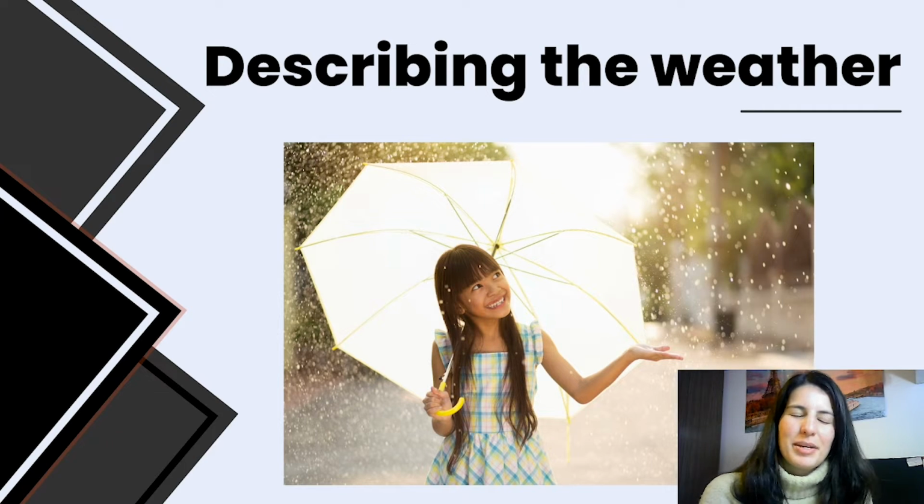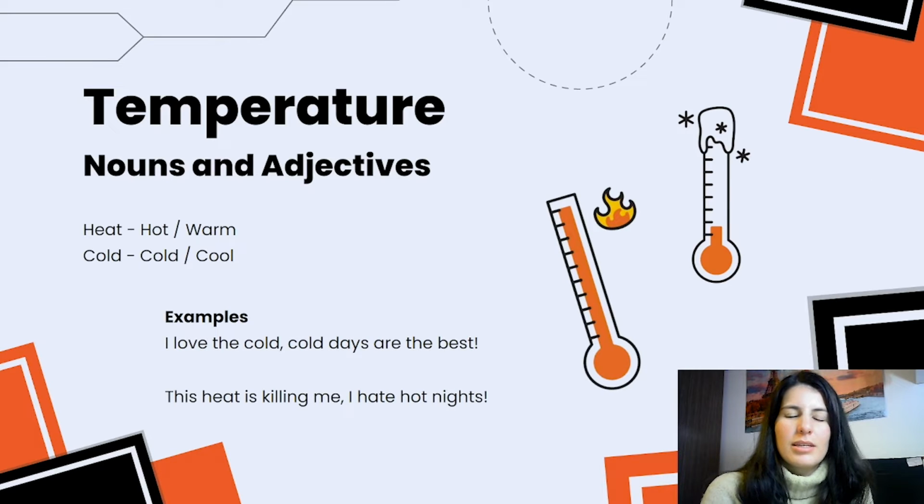Let's get started. So, my friends, in order to talk about the suffix y, let's start by talking about the weather first. To talk about the weather, we can use nouns or substantives and also adjectives, which are the focus of our course.